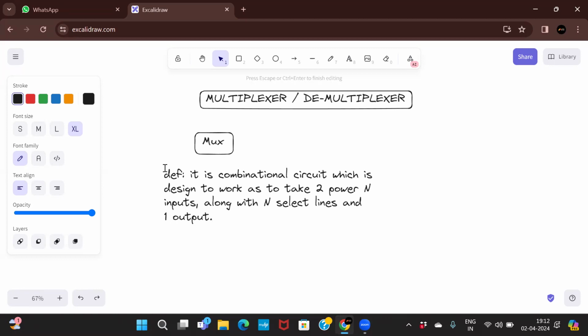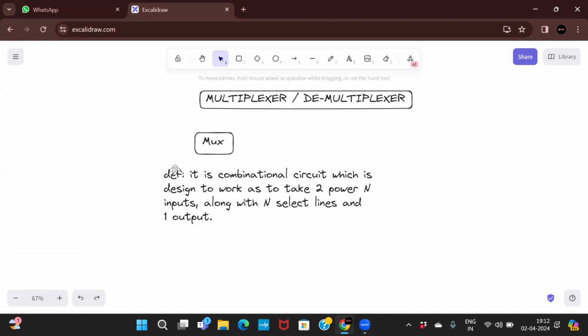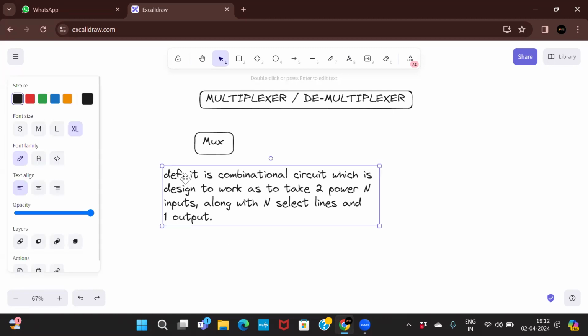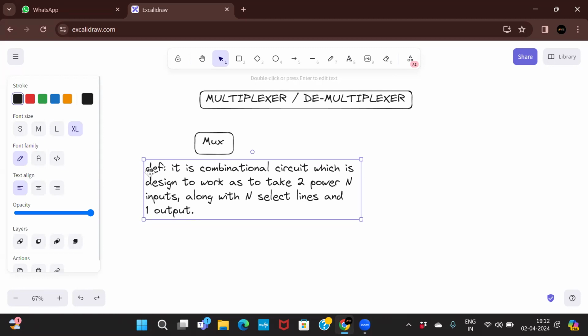So, basically, this is the definition of the mux. It is one of the combinational circuits, and we design it according to our use.